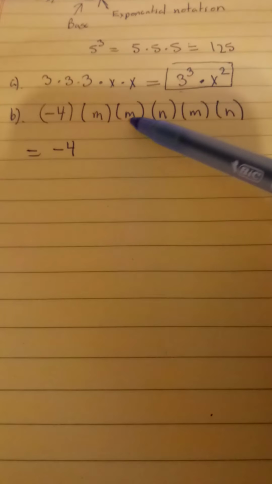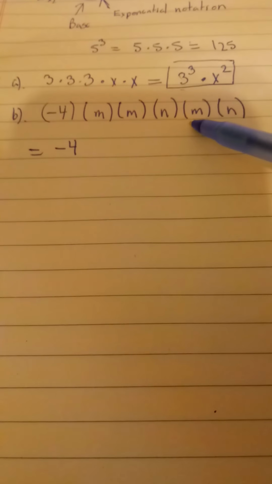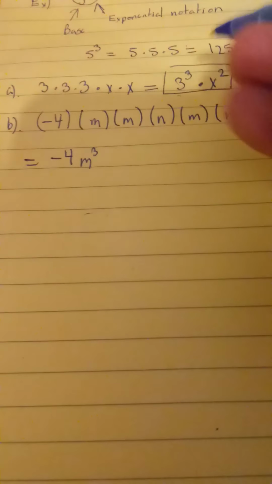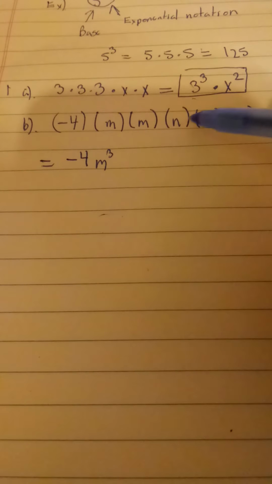We have this one, we have this one, and we have that one. So we're going to rewrite that as m raised to the third. And for the n, we have n and n, which will be n squared. That's all you have to do on this particular example right there.